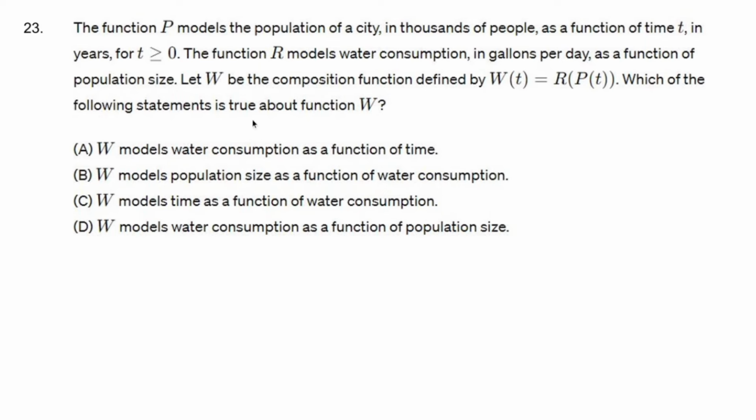Which of the following statements is true about w? Now, before I go on further, this is a problem that looks very similar to an actual AP Precalculus test problem. And when you're finding w of t, it's still a function of time.